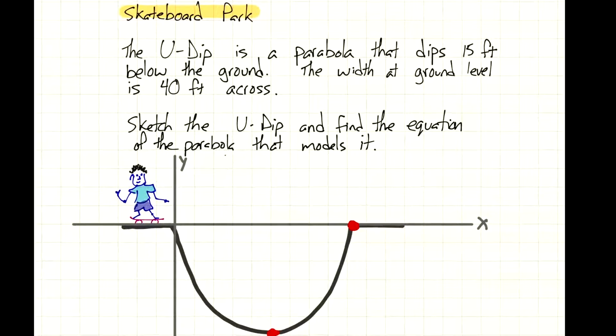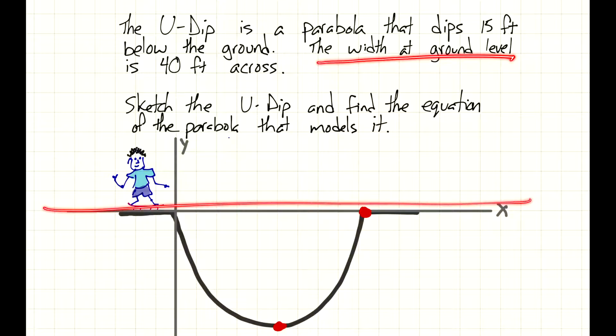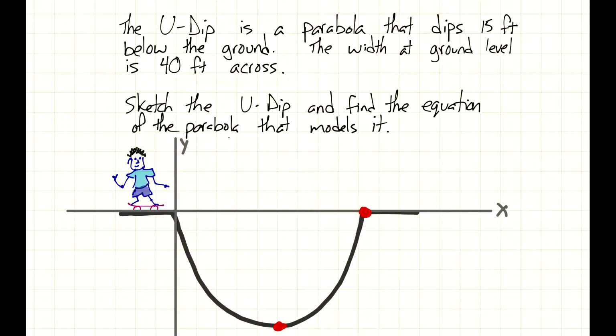Wait, do we have enough information? Just to make sure that we went over this. It's 15 feet below ground, and the width at ground level, from here to here, is 40 feet across. I'll add those labels first in case some of you need that.